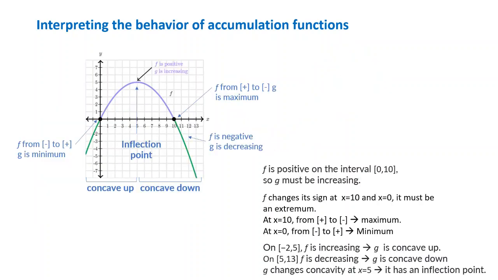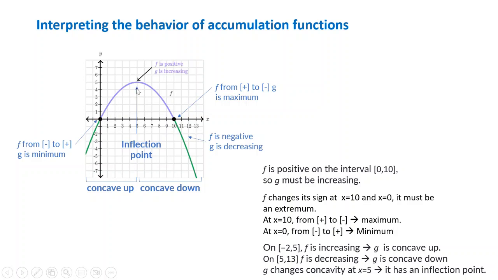And then in this slide we summarize all of the things that we have observed before. On the left, when f is changing sign from negative to positive, g is at a local minimum. Now it's going up and it is positive, meaning it's concave up.